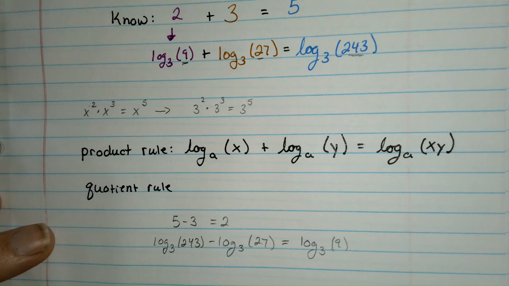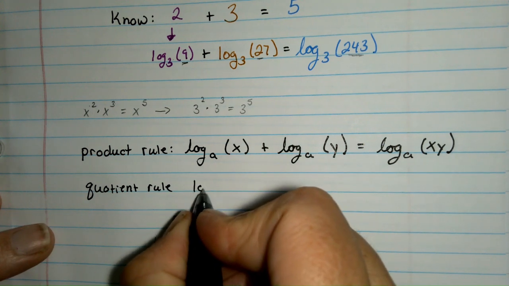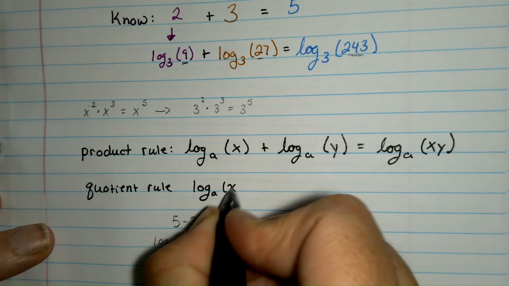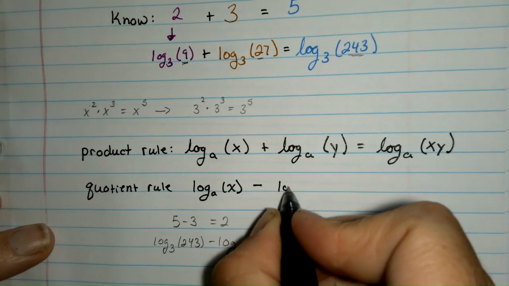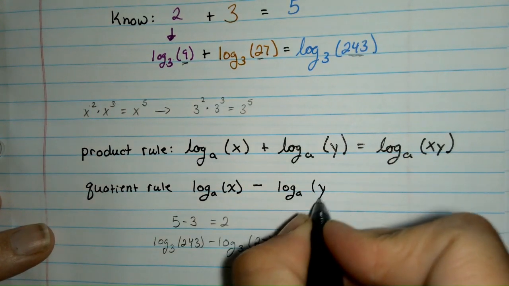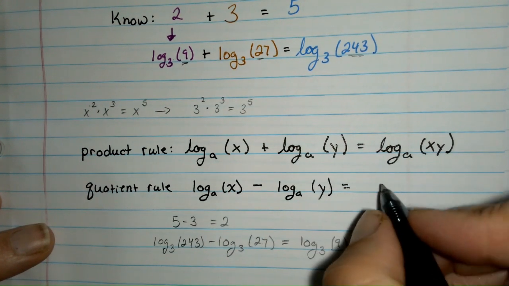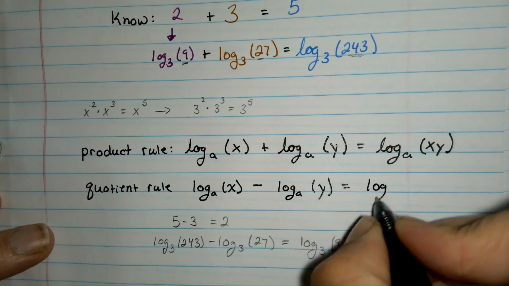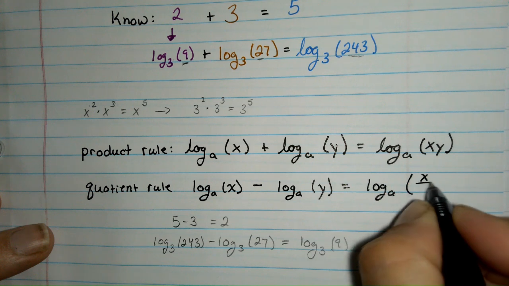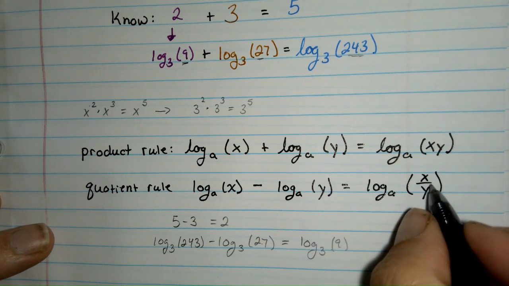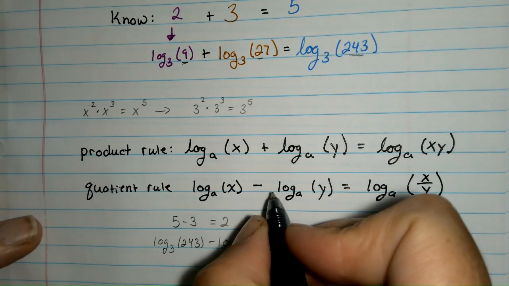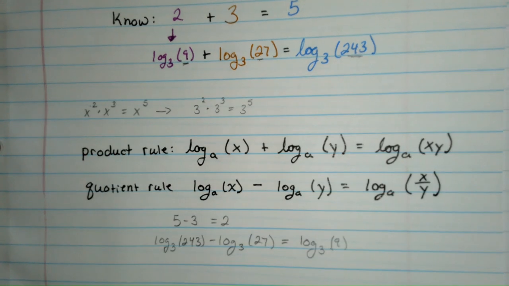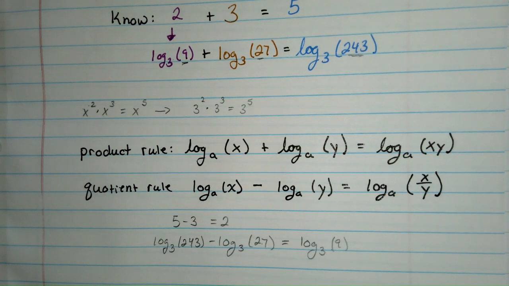So our quotient rule is very similar. Log base A of something minus log base A of something else equals, instead of multiplying, we divide. And that's because when you divide bases, you subtract your exponents. So that's the product rule and the quotient rule.